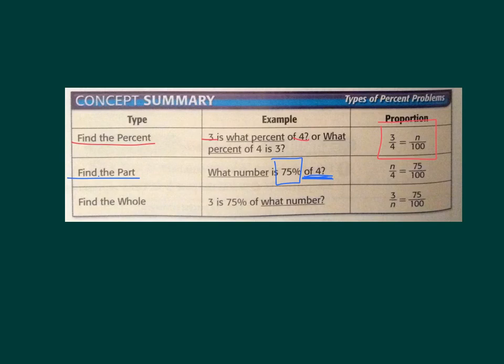The last type of question is if you're trying to find the whole, and you'll see of what number, of an unknown, which means the bottom is unknown. You'll find a percent, which you can put on the right, and a number, which goes on top.